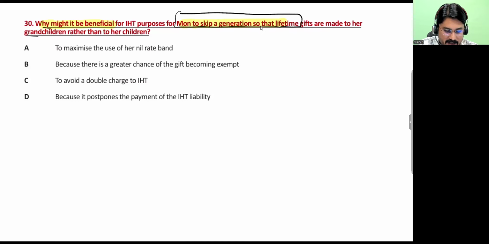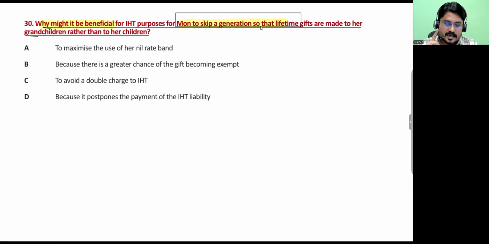For example, there is a grandfather who is of ill health, and the grandfather's son is also of ill health. So instead of transferring an asset to the son, directly transfer the asset to the grandchildren. Because if both the grandfather and father die within a few years or a few months, then IHT will be calculated at two different stages.